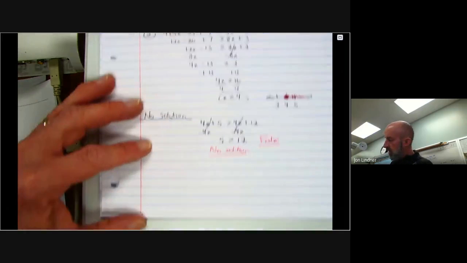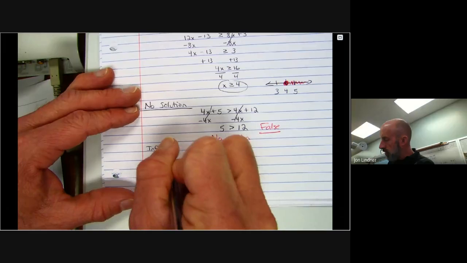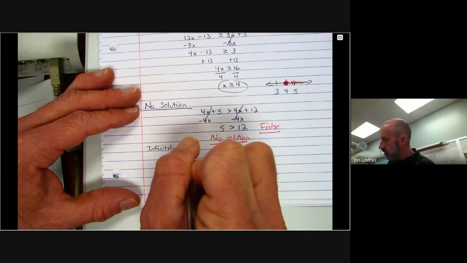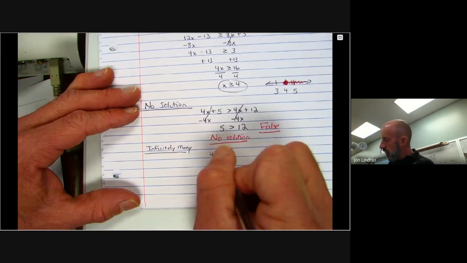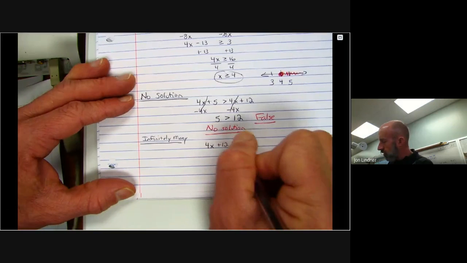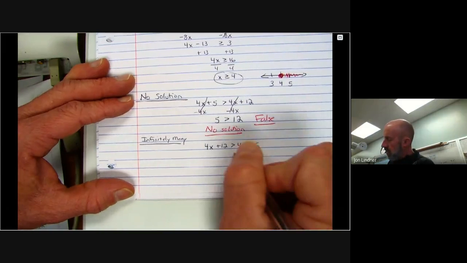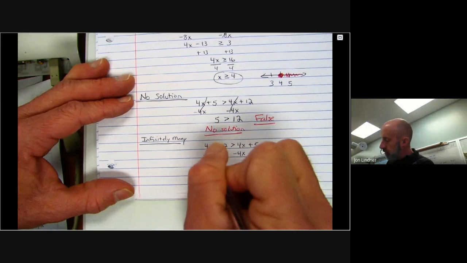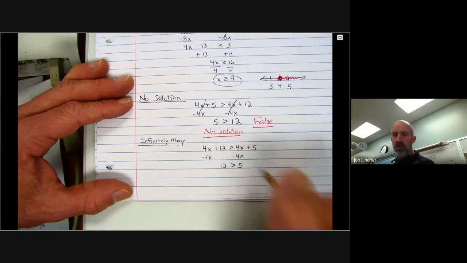I could also get an answer of infinitely many solutions. We've seen this before this year. And all I'm going to do is just tweak this problem that I just had. 4x plus 12 is greater than 4x plus 5. And if I subtract 4x from both sides, I get that 12 is greater than 5.